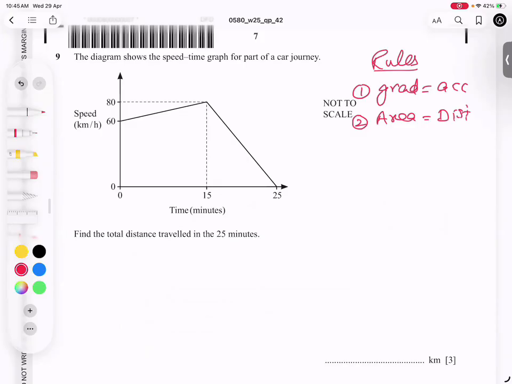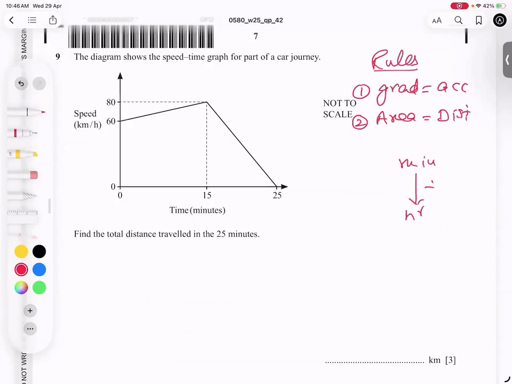But first, we have to check every time, are this unit and this unit same or different? Because look here, hours we have, here minutes we have. So they are not the same. First of all, how can we make them the same? Two choices, depending upon the answer. Kilometers, so better not to convert that one. So convert this one. How to convert minutes to hours?